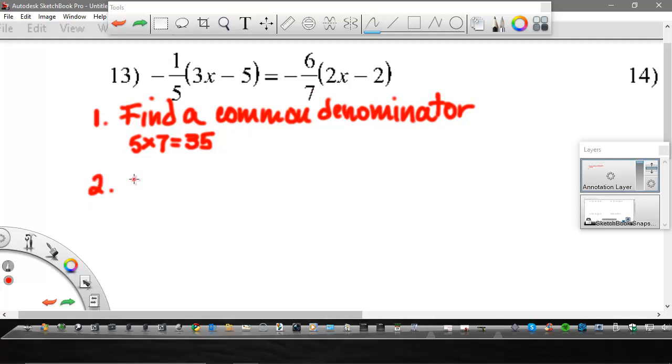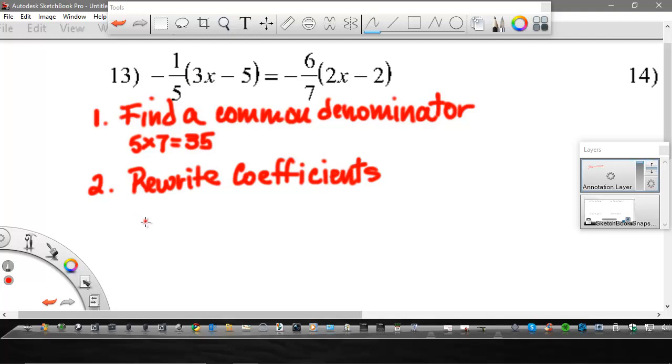So the next step that we have to do is rewrite our coefficients. Okay, so we're going to take a negative 1/5 and rewrite it as an equivalent fraction.